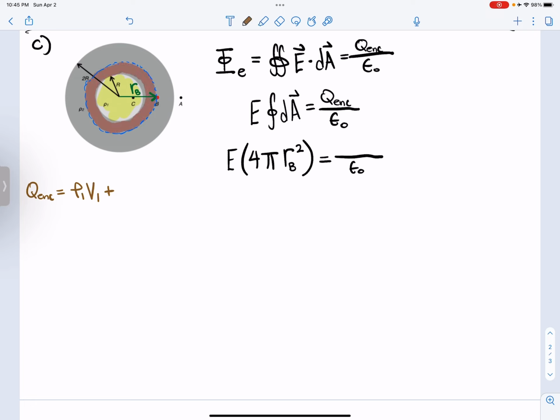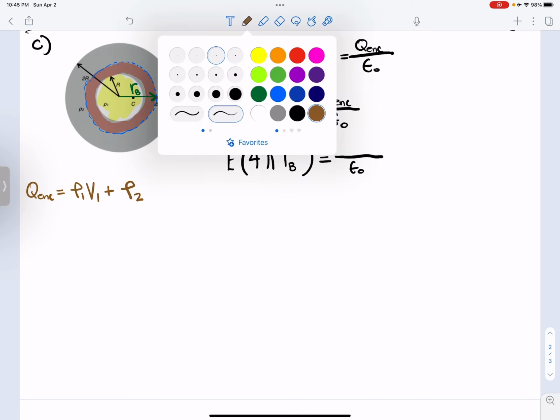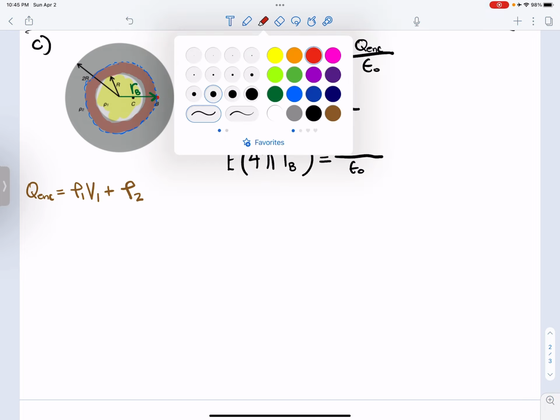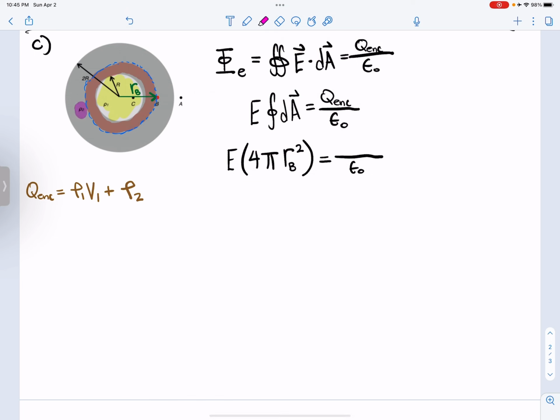And that guy is going to be the charge density 2, because it says it right here, right? This part has a charge density of 2 for all this darker shaded region, the outer layer.